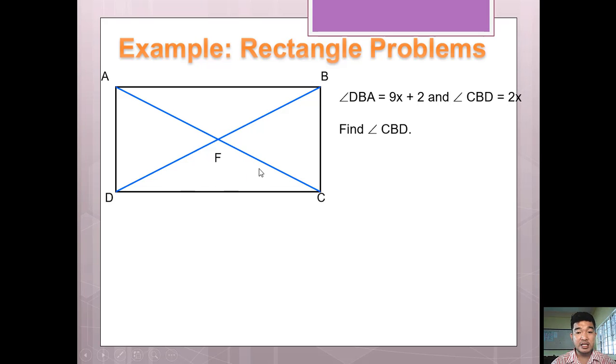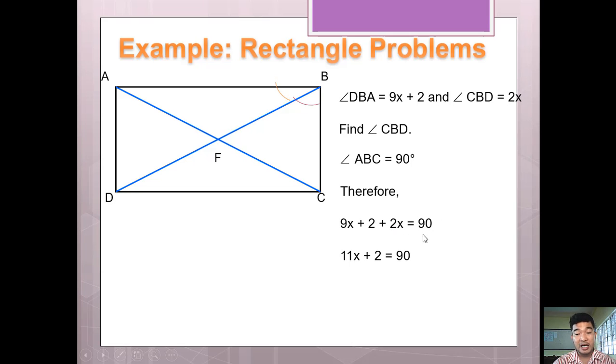Find angle CBD. So we have to solve first for the value of x. We know that DBA and CBD are complementary. Ibig sabihin, when you add these two angles, the sum is equal to 90 degrees. So ABC is 90 degrees. Therefore, when you add 9x plus 2 plus 2x, you equate it to 90.